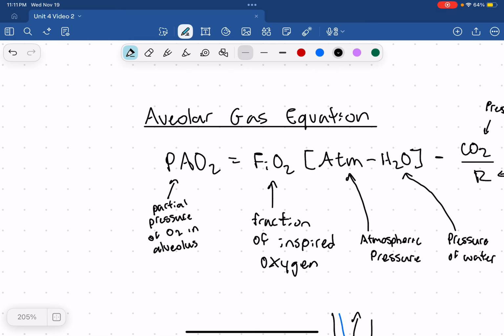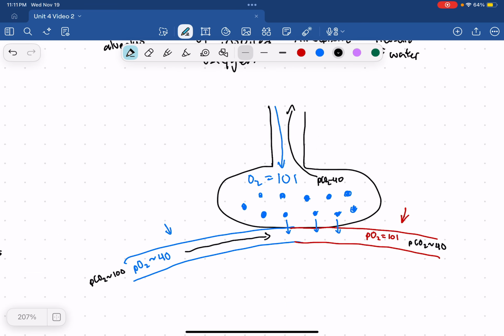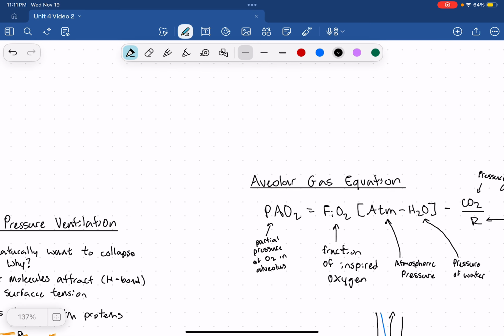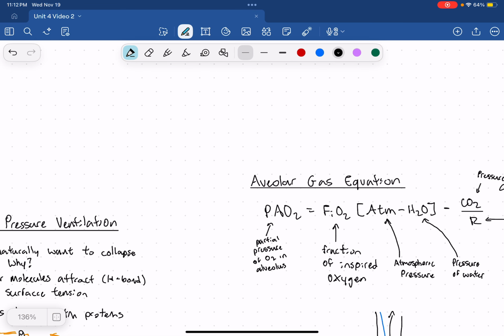Normal range is give or take 100. If we were to go above 100 or below 100, if we're going above, we are in hyperoxemic conditions, which is not good. If we go significantly below that 100, then we are in hypooxemic conditions, which is not good.